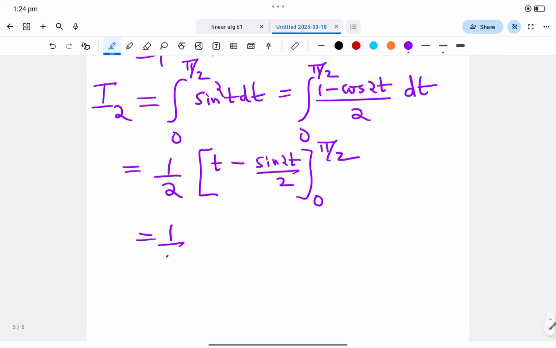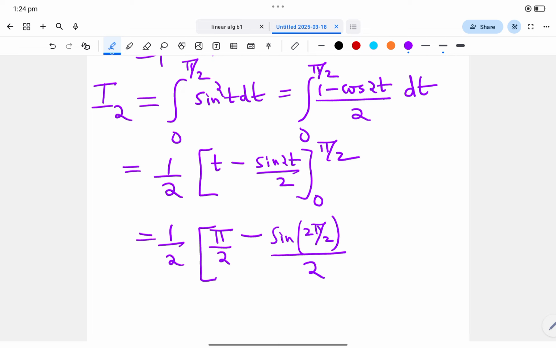This is equal to 1 by 2 into, substituting the upper limit, pi by 2 minus sin 2 into pi by 2 by 2, and if we substitute the lower limit, it will be equal to 0.